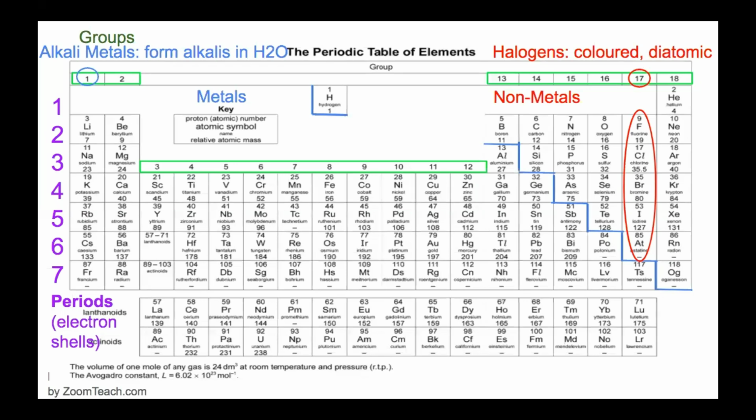Besides these elements, for our level, there are some other elements that usually are diatomic. Okay, these are highlighted in pink. So you've got next to fluorine, the oxygen gas, take as O2, nitrogen gas, take as N2, and hydrogen gas, take as H2.